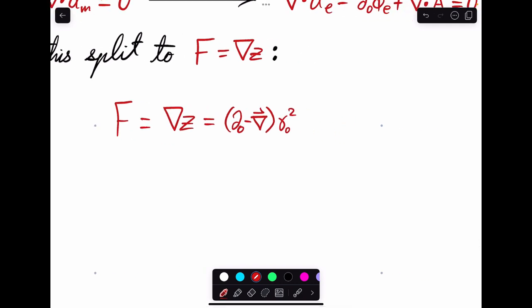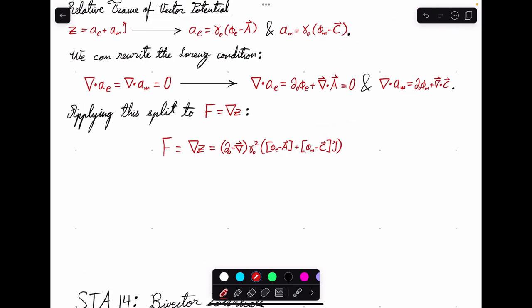So this is just expanding out the gradient, and then expanding out the vector potential parts. So this is what that looks like.